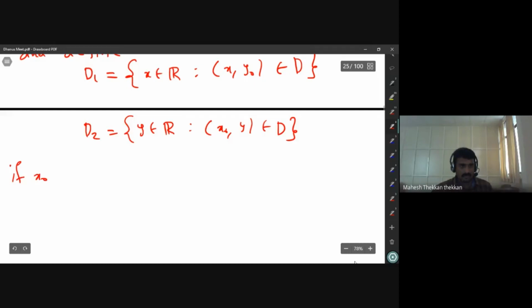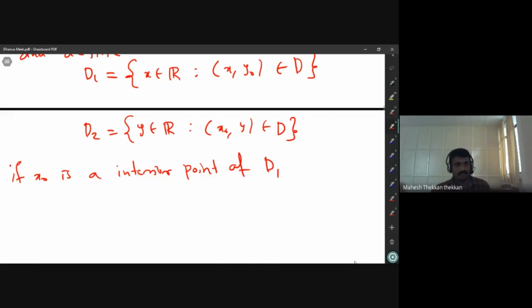If x naught is an interior point of D1, then only can I define the partial derivative of f with respect to x at x0, y0.